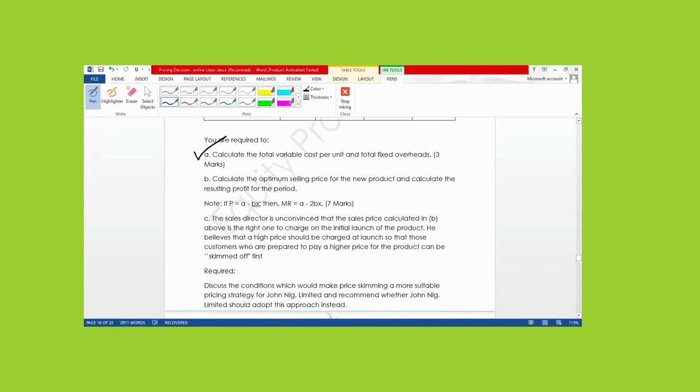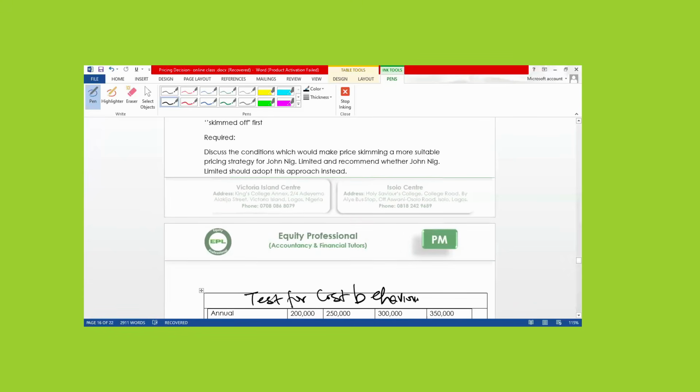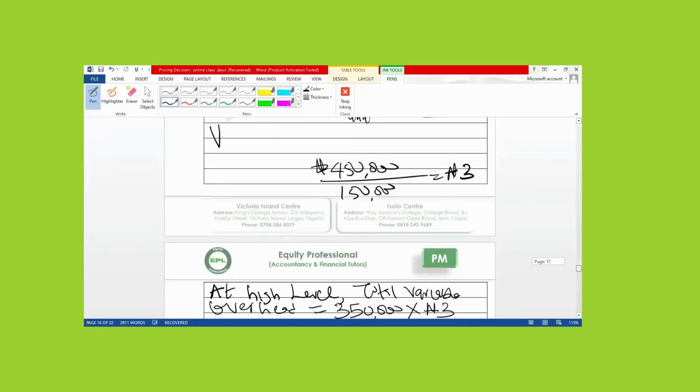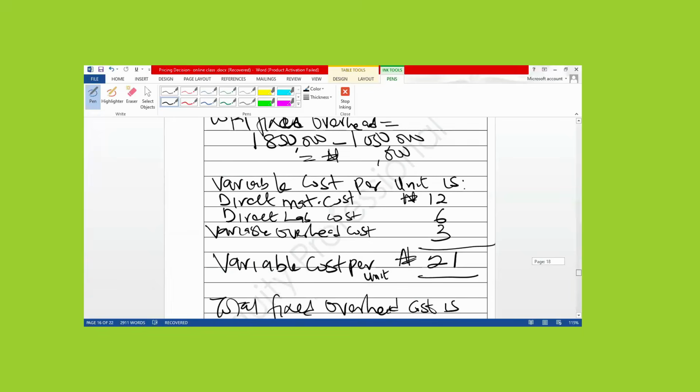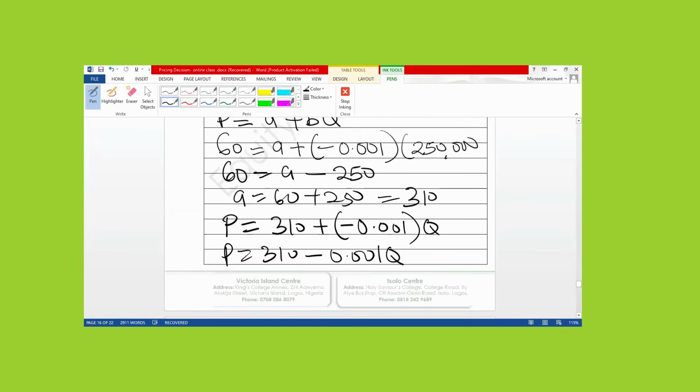What are the conditions that will make market price skimming suitable? Please, when you get back, look at that solution. We are still going to take one more question on this.